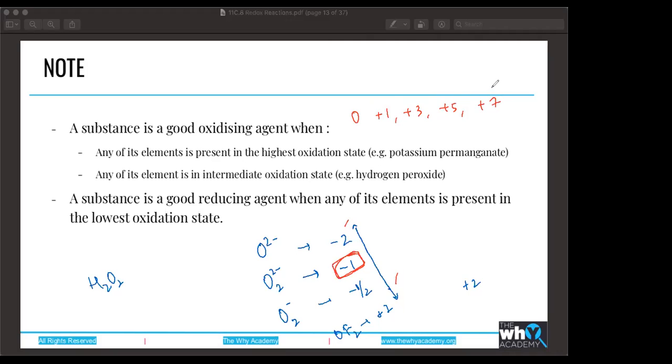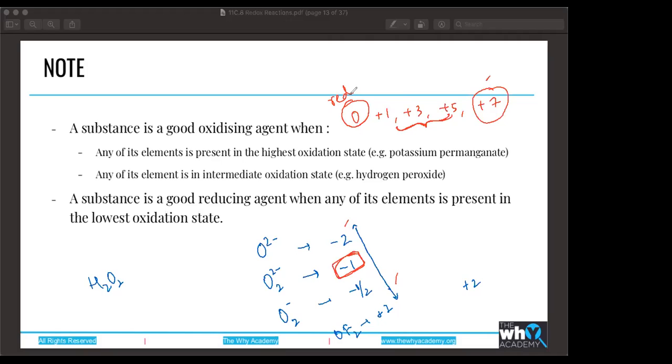When it is in the highest oxidation state, it's a good oxidizing agent. Intermediate matlab between the highest and lowest. When it's at +1, +3, +5, it can go both ways. And when it's at the lowest oxidation state, it's a very good reducing agent because it can only increase its oxidation state. It can only lose electrons.